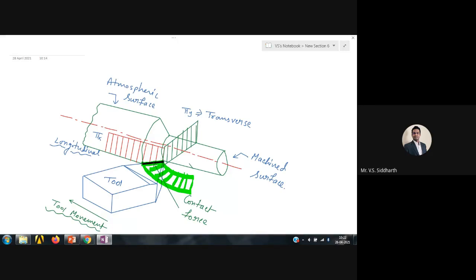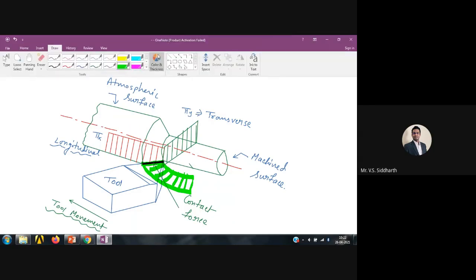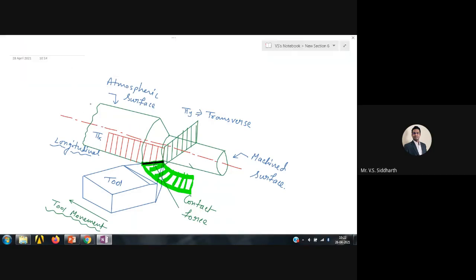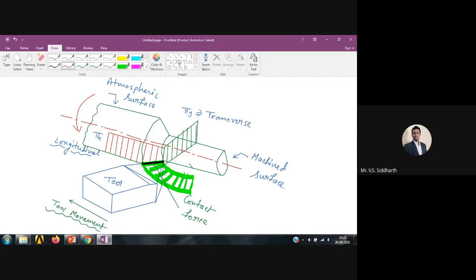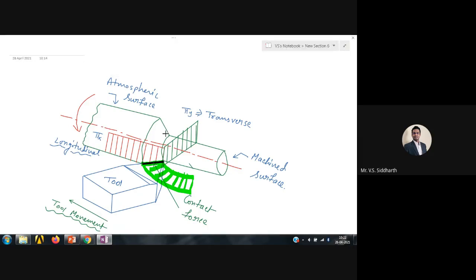So don't you feel that the workpiece is rotating like this? All of you listen carefully, something is important. The workpiece is rotating like this. The tool is held here. So at this particular point, cutting is taking place. The chips are flowing in this direction. So can I say that in this direction, cutting force is acting?